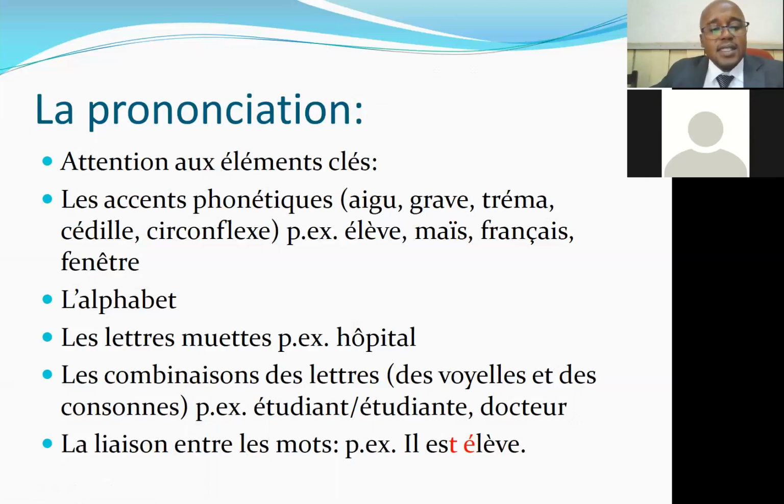Then we talk about liaison. Now what is liaison? Liaison is when you have a word ending with a consonant coming before another that begins with either a vowel or silent H, H muet. Now, I know in Form 3, you learned that we have two types of liaison.